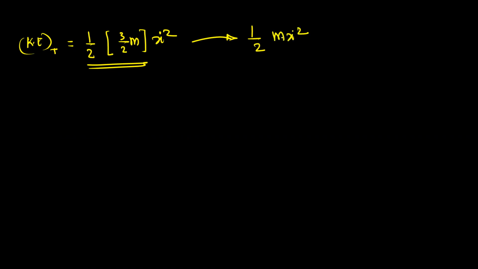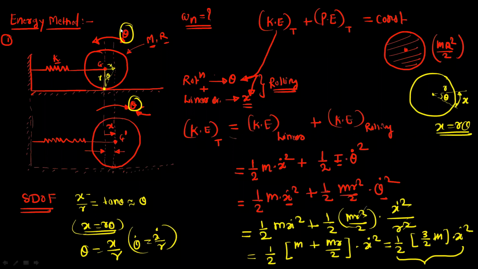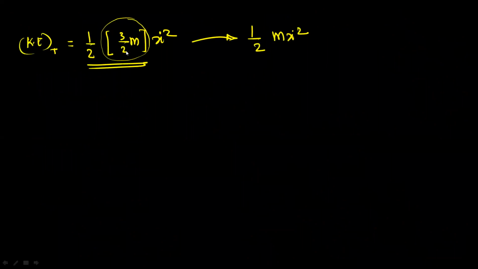If you compare this, then this bracket gives the equivalent mass, because the given system is not a simple spring mass system, but whenever we find the equation of motion, it converts the given complex system into a simple spring mass system. Therefore I have written this so that we get the equivalent mass of the system.